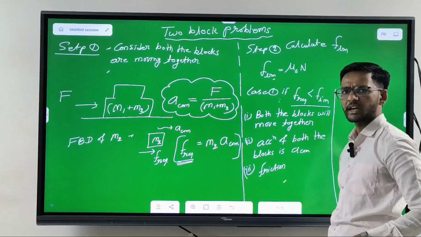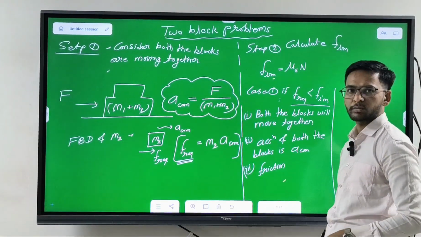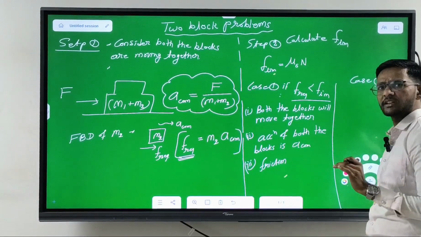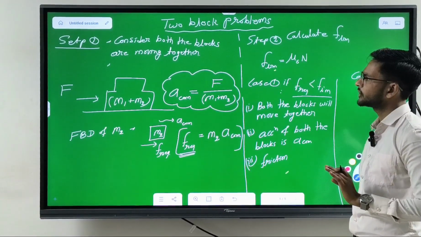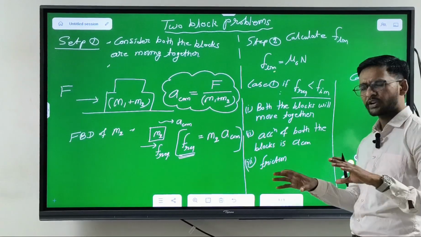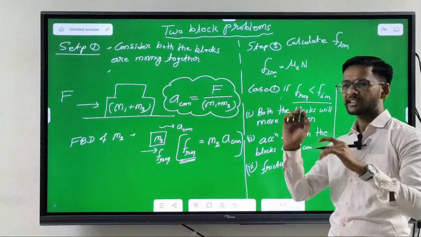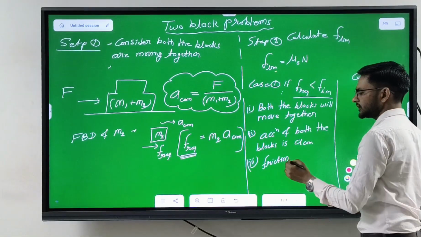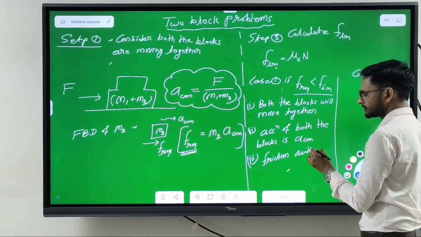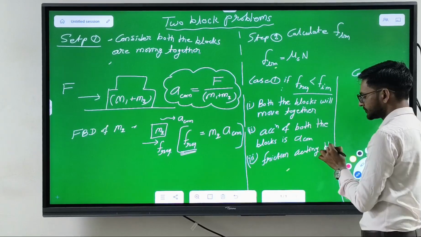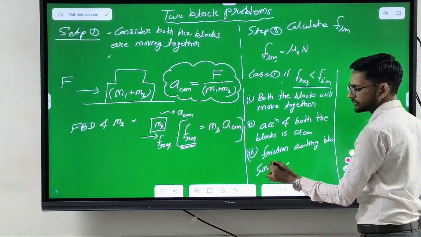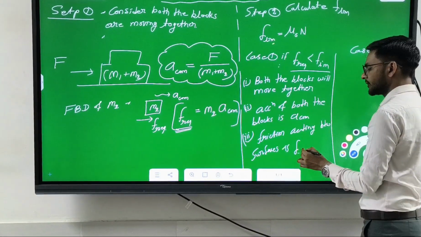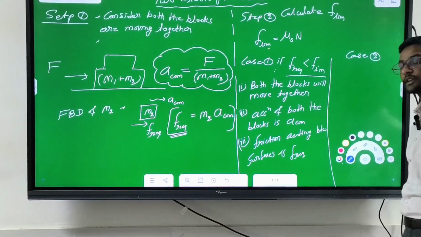These are the three things we have to find in the two block problems asked in exams. It is a very famous question. For JEE it is a moderate level question, but for NEET it is a little bit upper moderate.